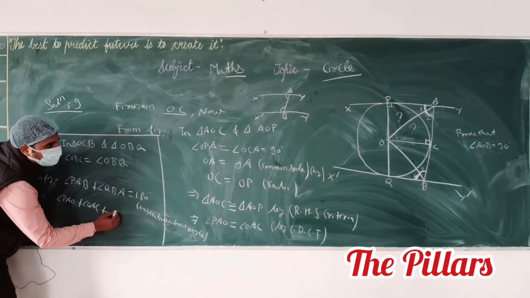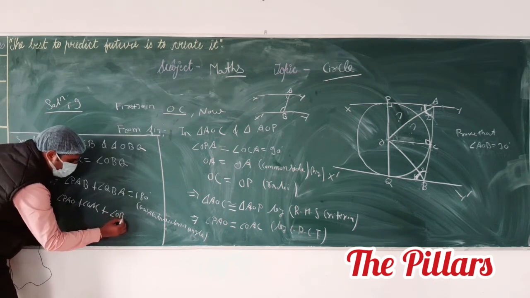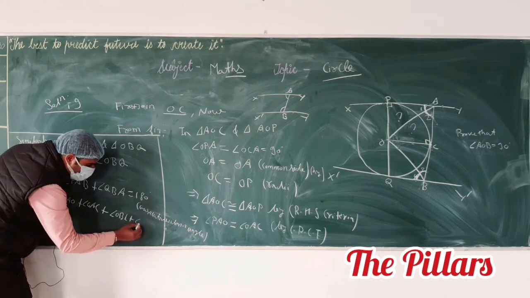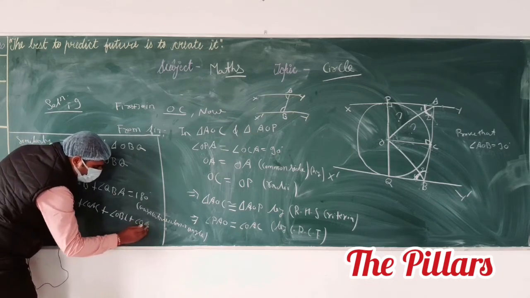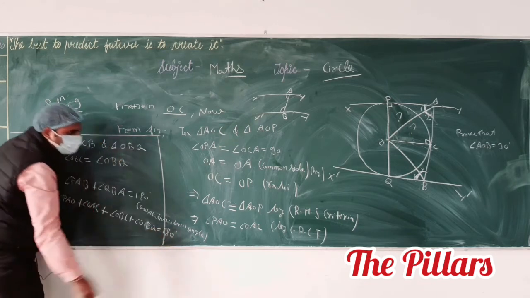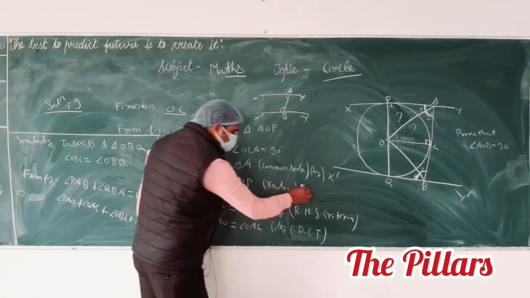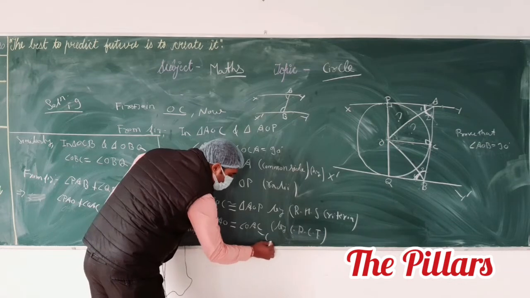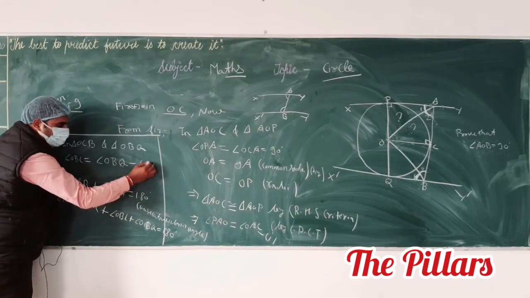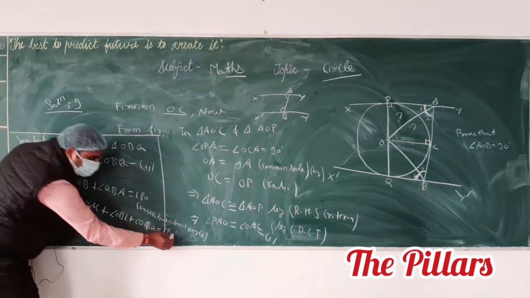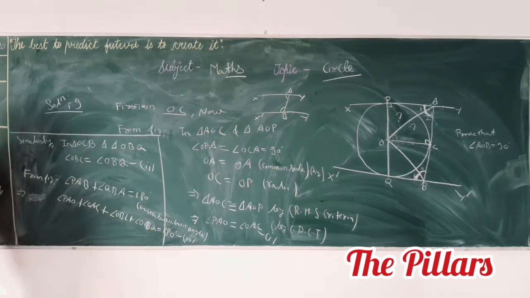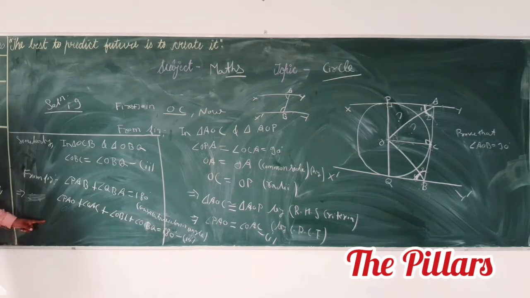So angle PAO plus angle OAC plus angle OBC plus angle OBQ equals 180 degrees. Till here anyone have any problem? Suppose this is your equation 1, this is equation 2 and this is equation 3. Till here anyone have any problem?